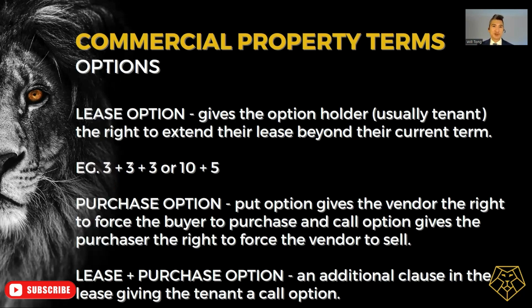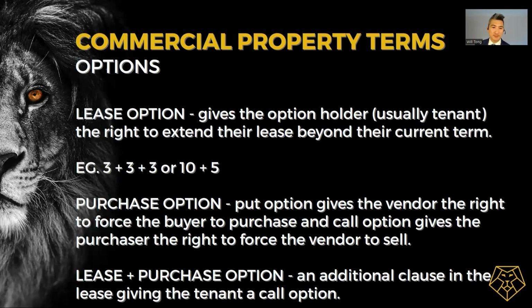The lease option gives the option holder, which is the tenant, the right to extend their lease. It doesn't give the landlord the right to force the tenant to renew the lease. Okay, so it's a little bit misleading if an agent tells you that a 3+3+3 lease is a 9-year lease, because it's not. Okay, the second type of option is a purchase option.